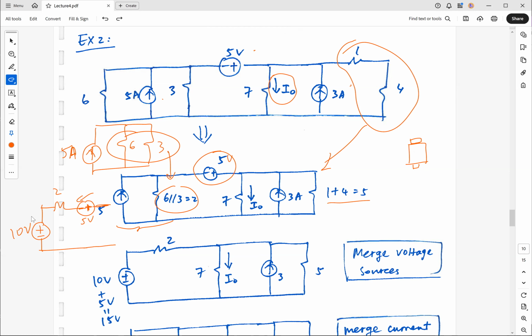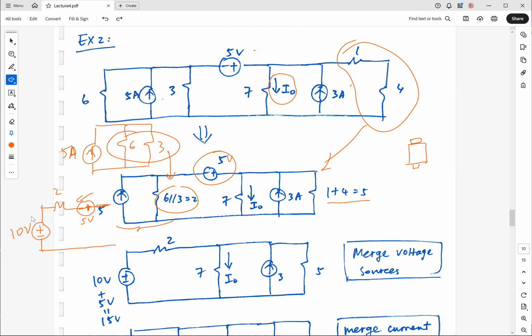I can just simply use one voltage source to represent this 5 volt and 10 volt in series. Just think in terms of the battery. So I have 10 plus 5 over here, just one single voltage source.